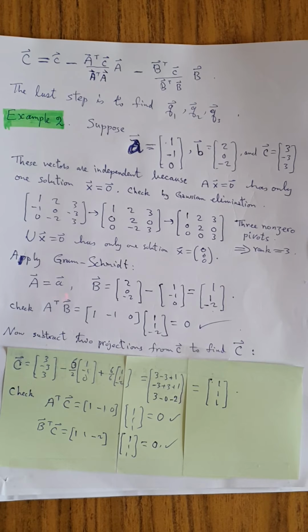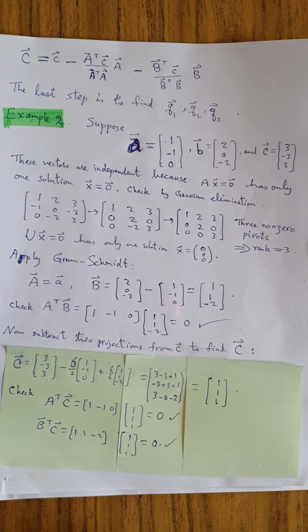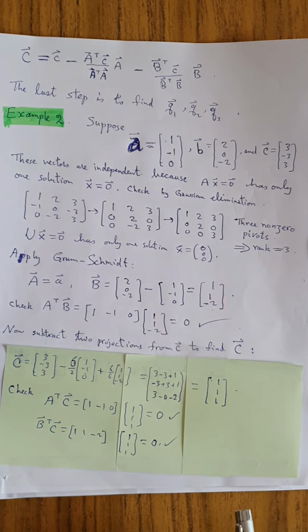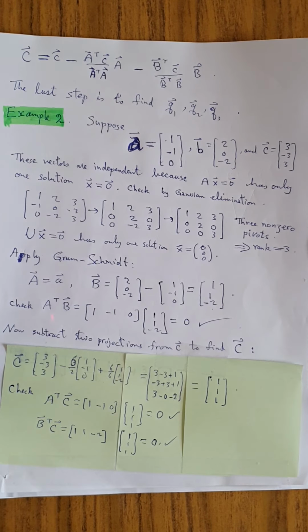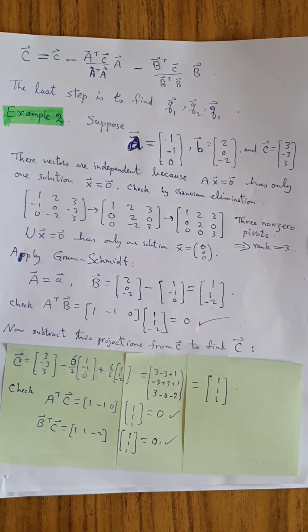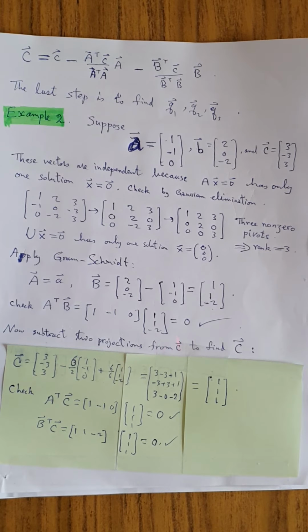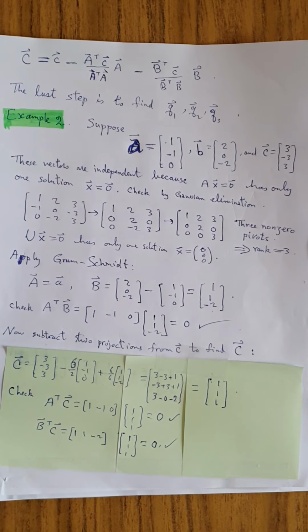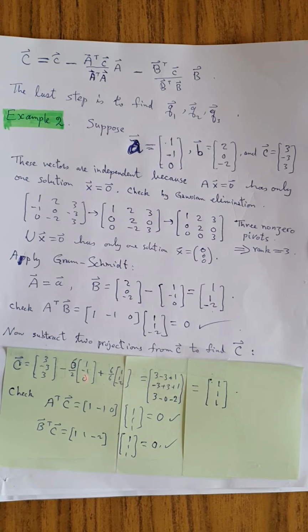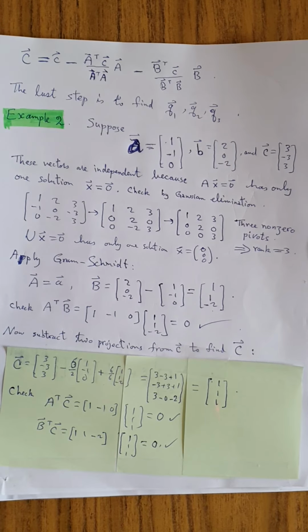We take capital A equal to small a, then capital B is b minus the projection onto A. So we get this. We check that A transpose B equals 0. So it is 0. Now subtract the two projections from c to find capital C. So capital C is small c minus the projection onto capital A and the projection onto capital B. If we add them up, we get this vector.